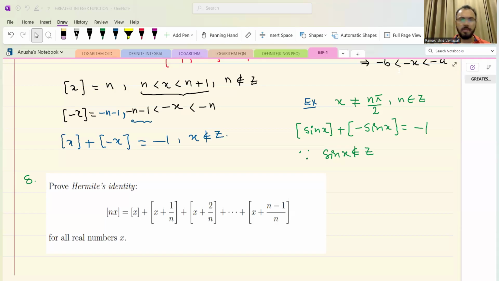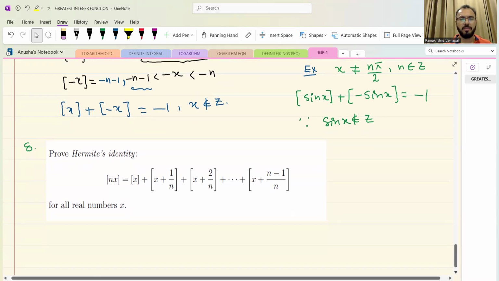Okay, welcome back to the next property. Here is Hermite's identity. This is very important. Questions can be asked based on this concept. What is this Hermite identity?